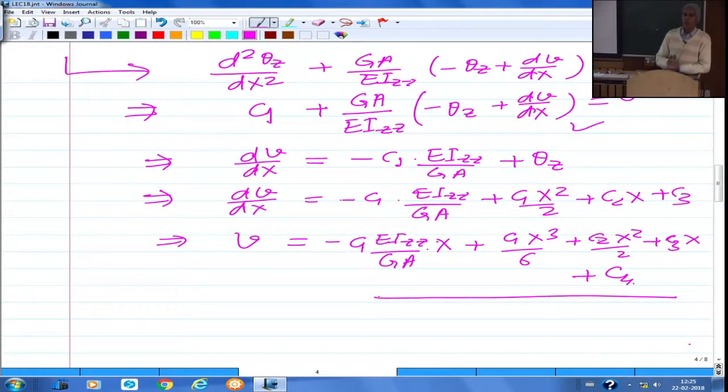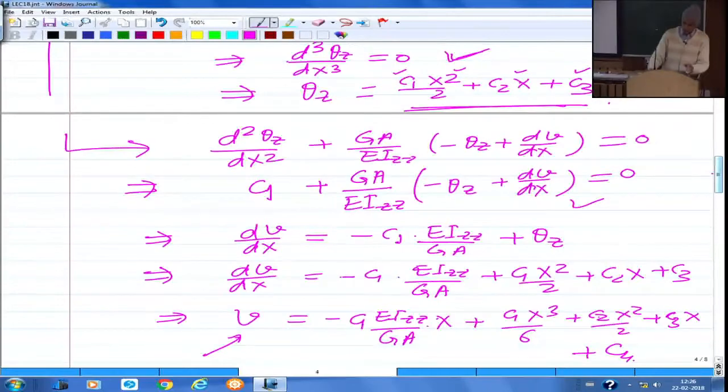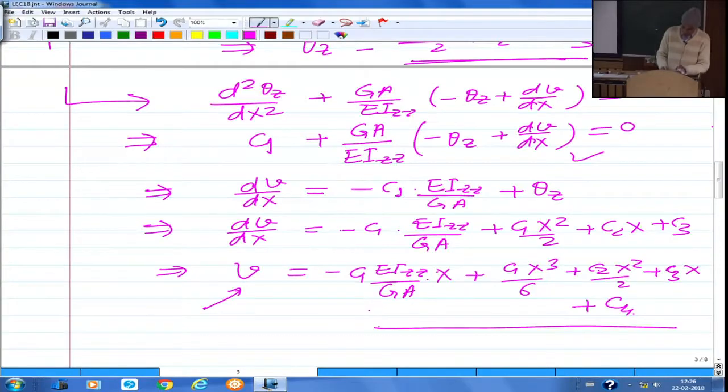And of course you would see it automatically satisfies the condition that the interpolation for V is one order higher than the interpolation for theta z. So it is automatically coming. And not only that, when we analyze this element in more detail, we will find that this formulation will automatically become the Euler-Bernoulli beam formulation when the beam is thin, and when the beam is thick, that is going to be governed by this ratio E Izz upon Ga.